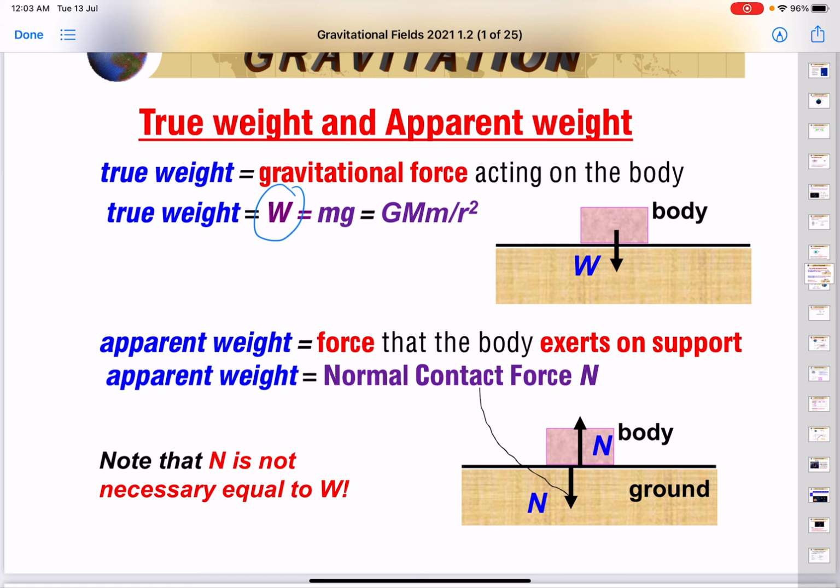And this N and W is not necessarily the same. They are only the same if the body does not accelerate. If the body accelerates, as you have seen in the example of the lift, N may be greater or smaller than W.